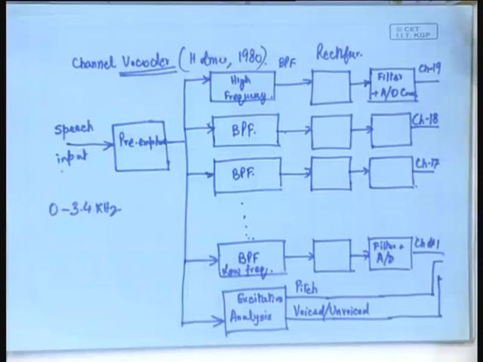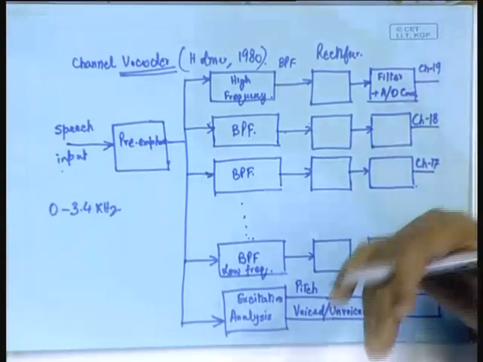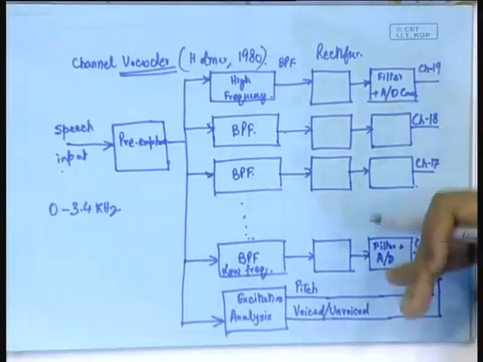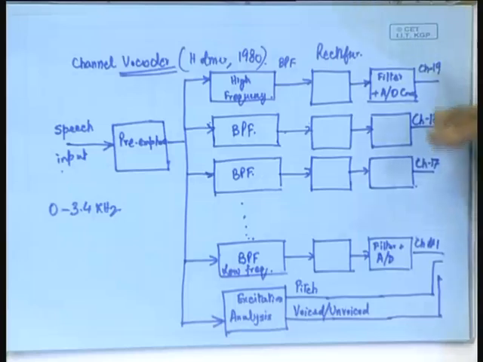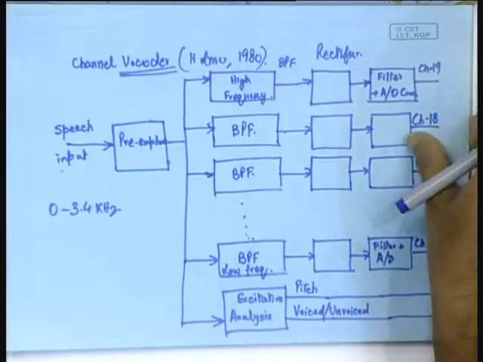But in this case it is completely parametric. We are not approximating the waveform, rather we are just making the analysis and then getting the information out of it. Now, in this process it is possible to represent the information in a much more compact way as compared to the standard waveform approximating techniques.